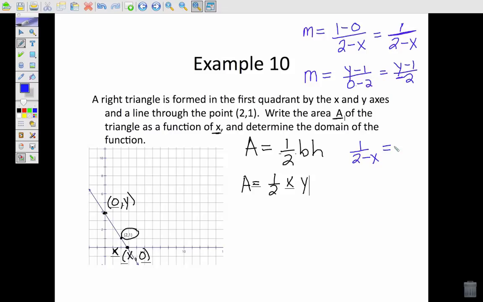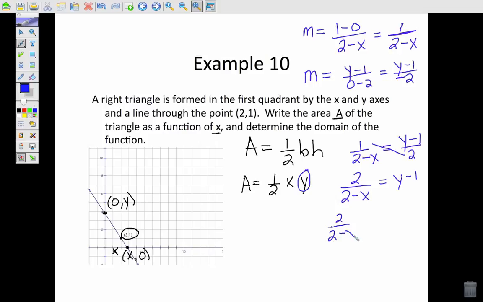So what I'm going to do is take 1 over 2 minus x and set it equal to y minus 1 over negative 2, since they're equivalent to each other. We're just going to try to solve this for y. If I solve it for y, then I can replace the y. Cross multiply, or I'm just going to multiply the 2 across: 2 over 2 minus x is now equal to y minus 1.